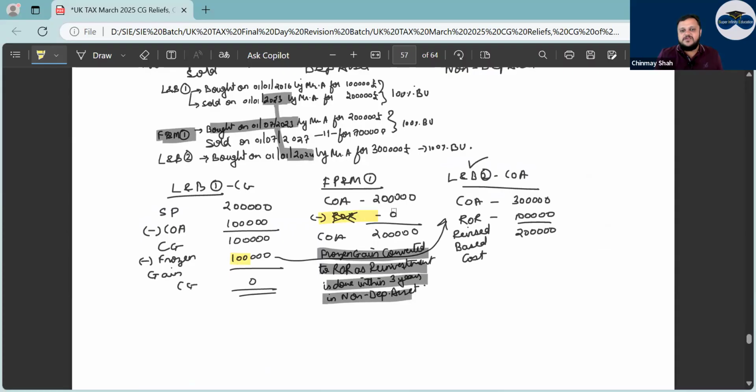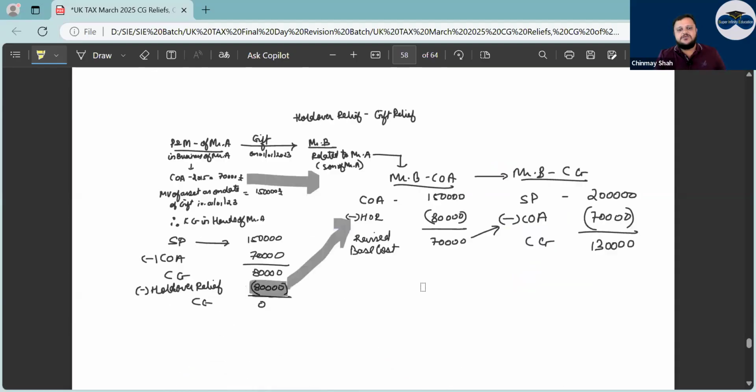In fixed plant and machinery, I did not deduct. But when I bought this second land and building, the rollover relief was rolled over, and the revised base cost. So land and building sold, depreciating asset bought, and again land and building bought, then the frozen gain can be rolled over. I have not seen a lot of questions being asked on this.